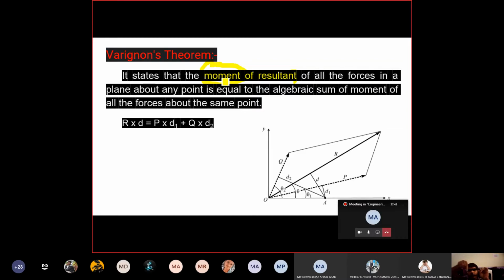Now, moment means: if I want to calculate the moment at this point, the load I am applying here, this load into the perpendicular distance up to this point gives the moment about this point. This is the meaning of moment. Simply remember, moment means load into perpendicular distance.